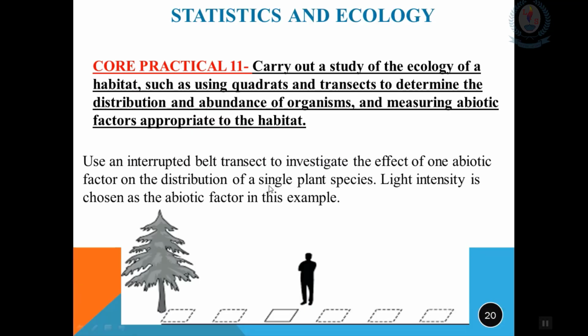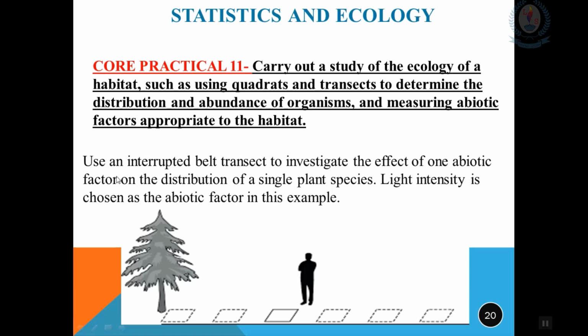Now we'll move on to another section of this lesson, statistics and ecology. Under that we have to discuss core practical number 11. It is a study of the ecology of a habitat using a quadrat or a transect. We can find the distribution and abundance of an organism by using these techniques.